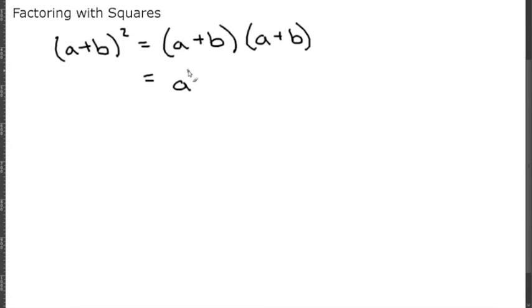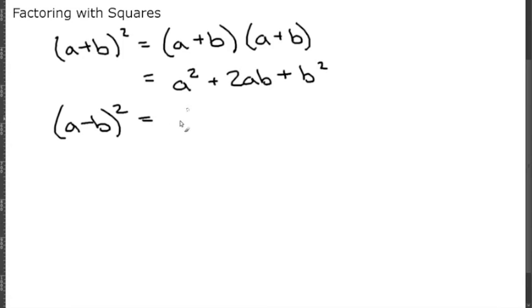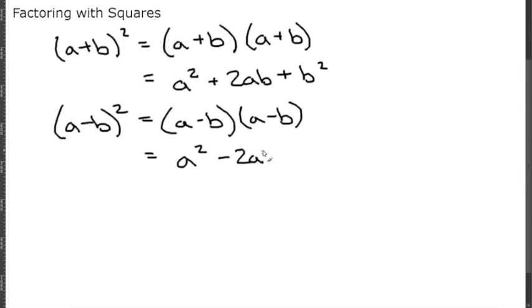That would give you a squared plus 2ab plus b squared. If you had a minus b squared, that would be (a minus b) times (a minus b), which would give you a squared minus 2ab plus b squared.